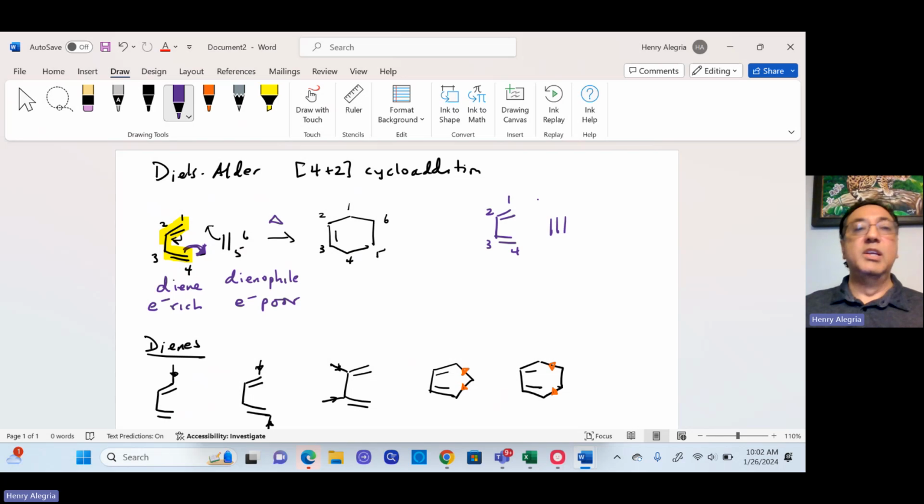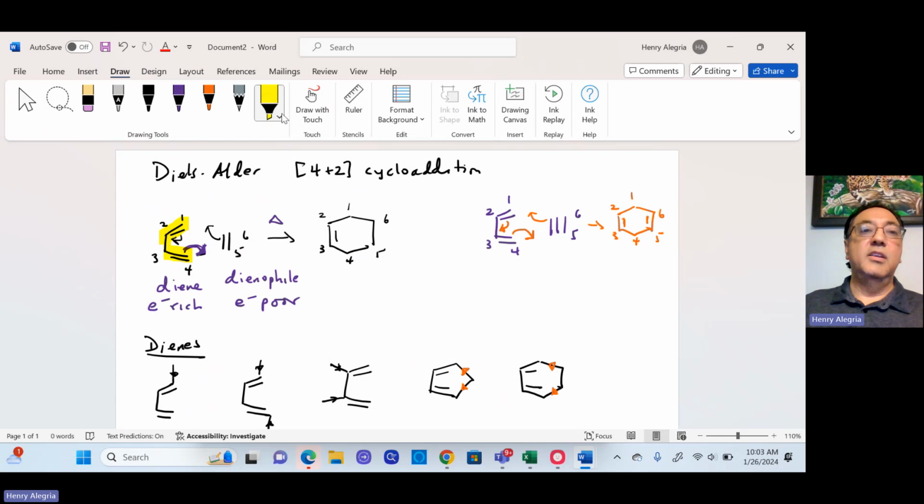Just to show you the difference in what would happen here, again, your diene will take a pair of electrons and push towards the dienophile. 6 will take 2 pi electrons, move towards 1, and these are going to shift over. So what I'm going to end up getting here is a double bond here, but there will be a double bond there. So this will be 1, 2, 3, 4, 5, and 6.